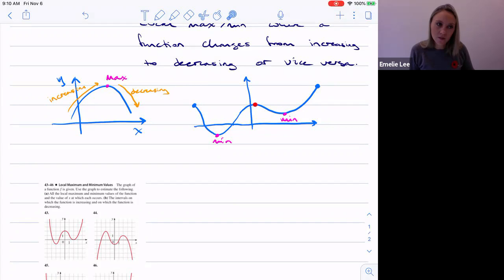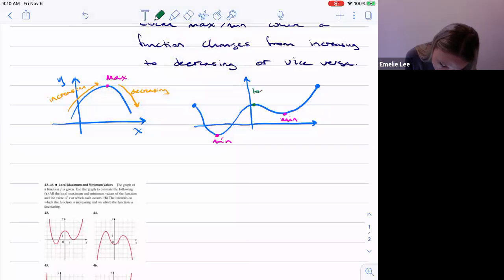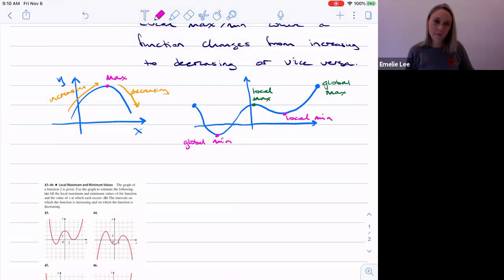So this is our maximum here, and this is our global max. Here, this is a local maximum, and this is a global maximum. And here, I'll change this to be a local minimum and a global minimum.